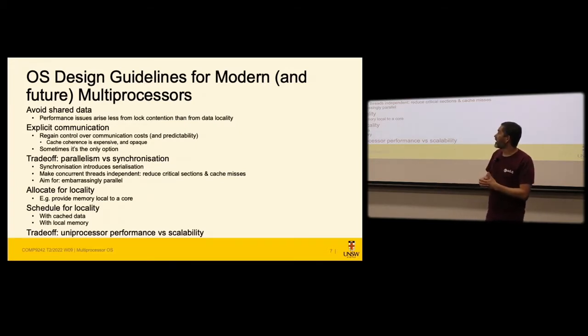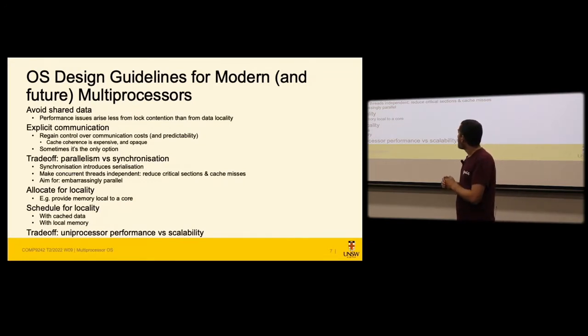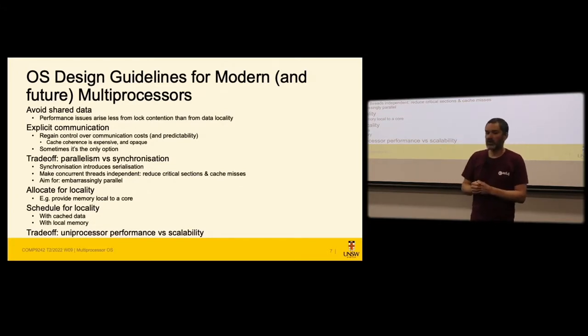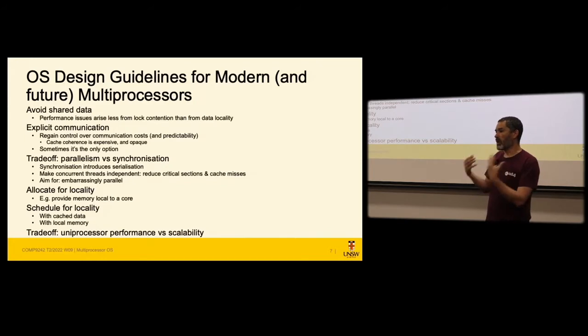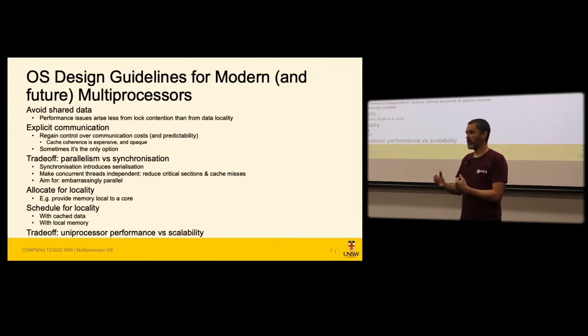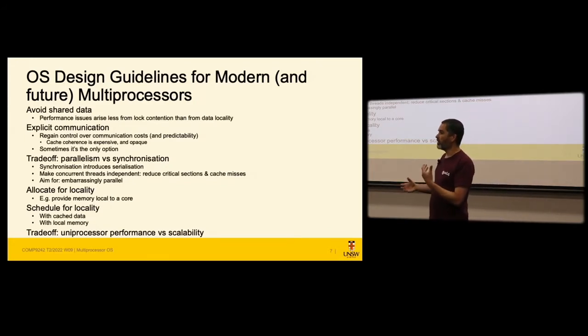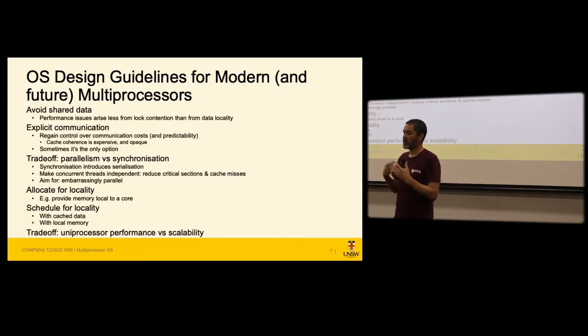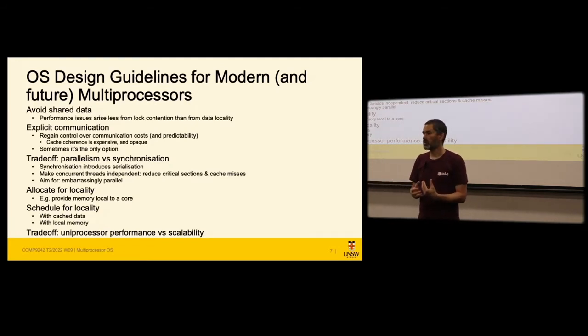While avoiding shared data, you want to have as much explicit communication as possible. So you want to regain control over communication costs and the predictability of communication. In particular, when you're relying on shared data for your communication, you're relying on the cache coherency implementations for a lot of your communication.